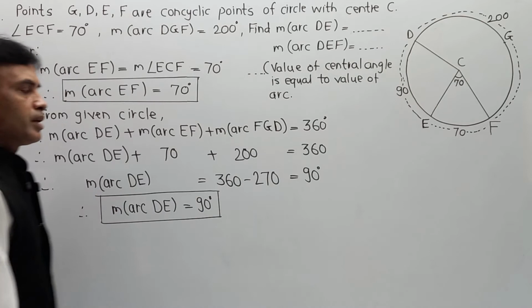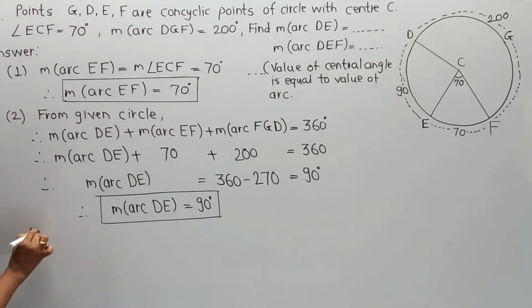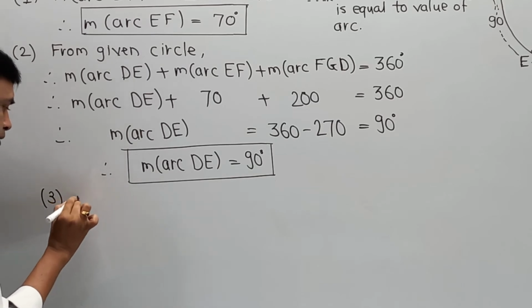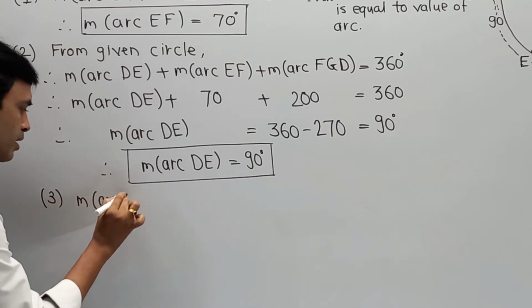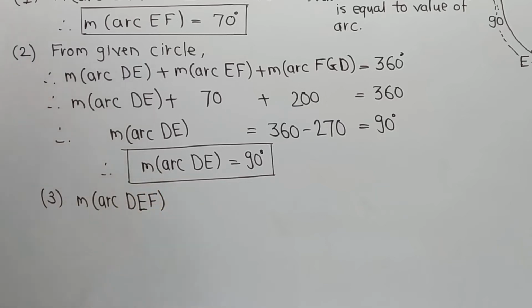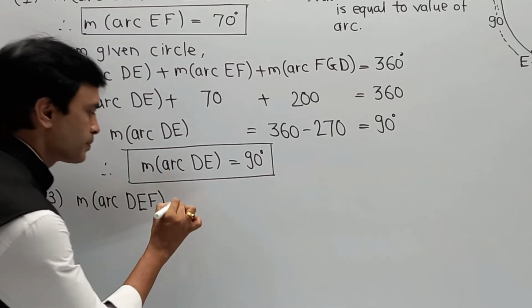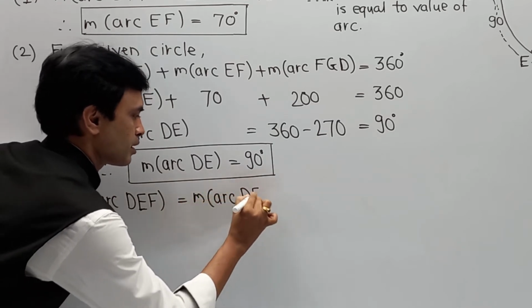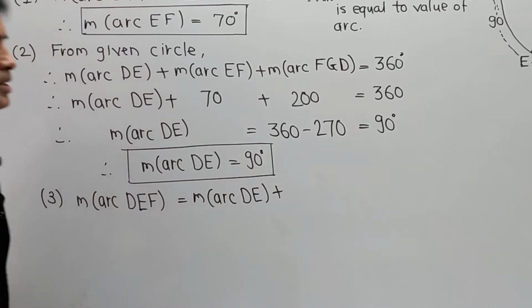So the last question: major arc DEF is equal to major arc DE plus major arc EF.